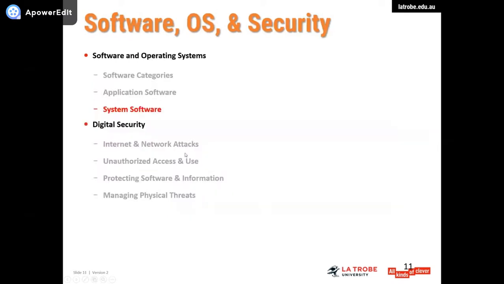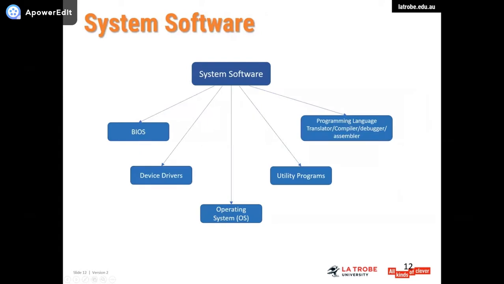For the system software, it's very important to know that it can be divided into different subcategories: BIOS, device drivers, OS, utility programs, and programming languages and others like compiler, debugger, and assembler. You must know each subcategory. What is the usage of each category, and what's the definition?